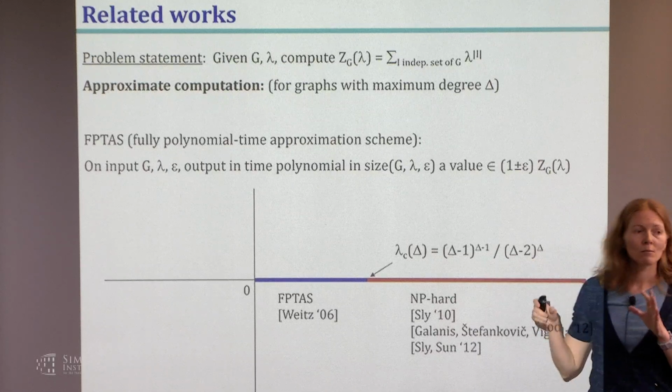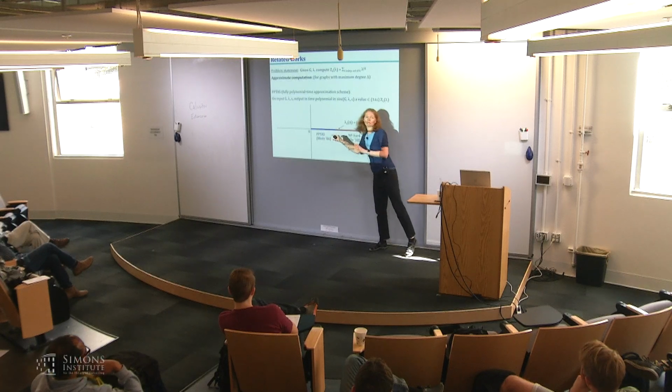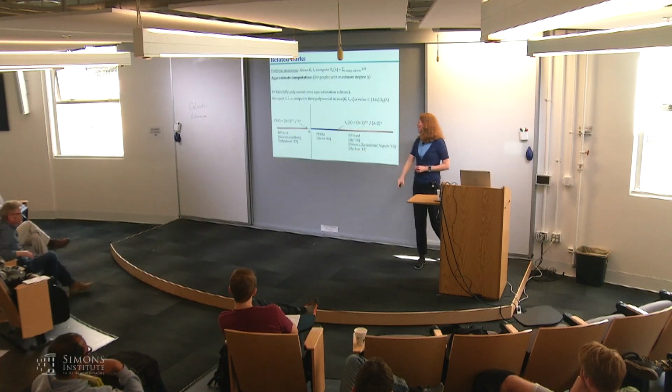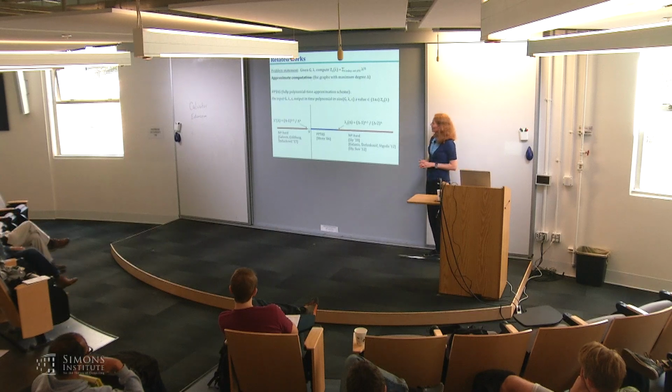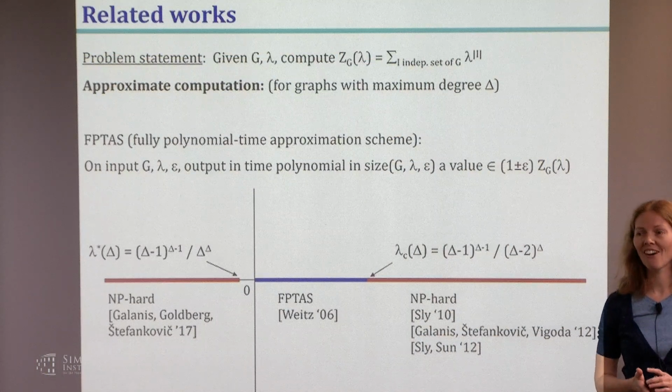By the way, I am staying within the realm of deterministic algorithms. There are also some randomized algorithms over here, but I'm not going to mention them now. And then Andreas Galanis, Leslie Goldberg, and Daniel Stefankovic. Oh, I should have mentioned, I wanted to highlight my co-authors.